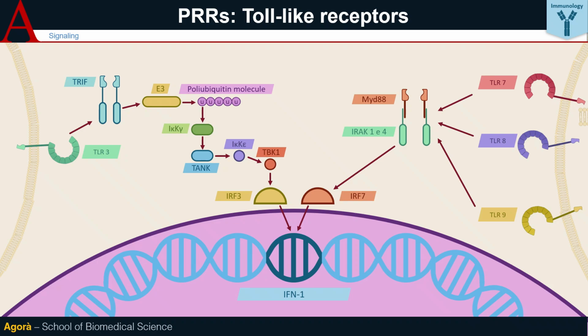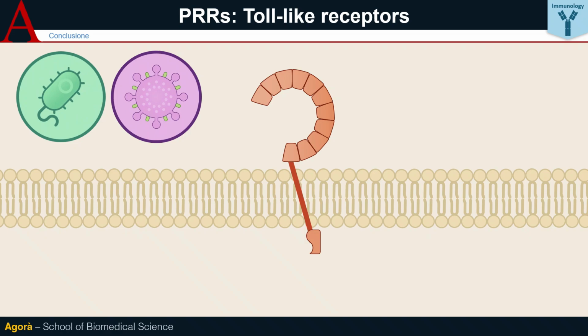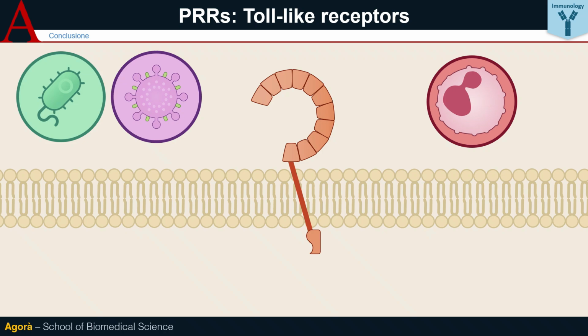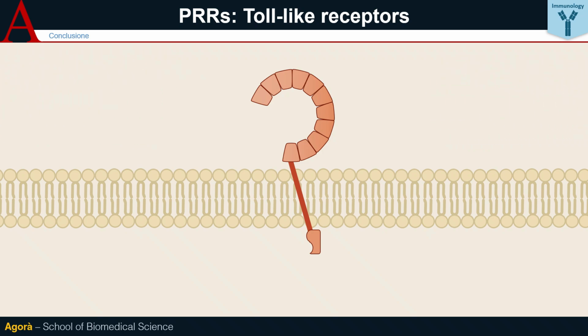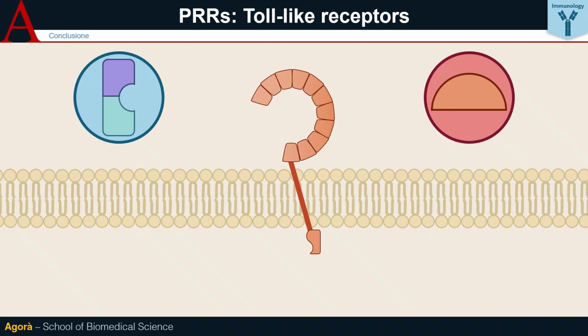In summary, toll-like receptors, TLRs, play a pivotal role in recognizing various pathogens and initiating innate immune responses. Their activation within the expressing cell can lead to diverse outcomes, depending on whether the identified pathogen is a bacterium, resulting in an NF-κB response, or a virus, resulting in an IRF response.